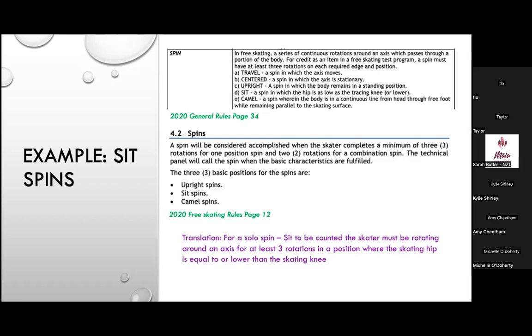And those rotations need to be in the correct position. So when you put all that together, for a sit spin to be counted, the skater must be rotating around a stationary axis for at least 3 rotations in a position where the skating hip is equal to or lower than the skating knee. Now that all sounds really simple, and that's the guts of what we're looking for when you see a sit spin being counted.